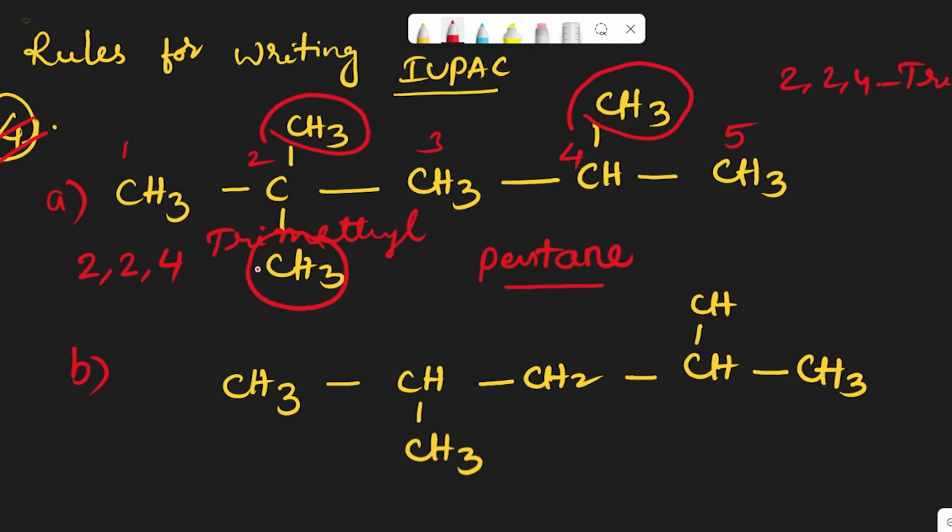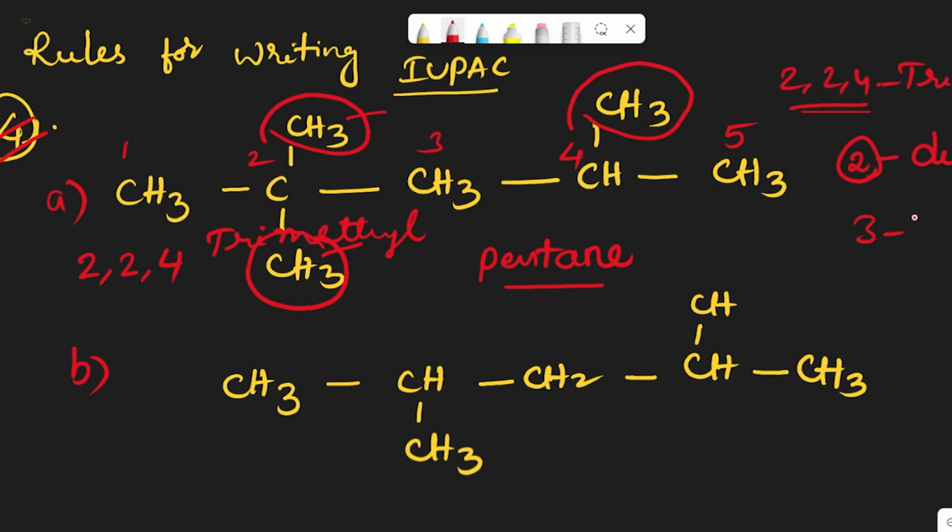Why am I writing like this? Because if 2 or more identical substituent groups are present, then the numbers are separated by commas like this. And the identical substituents are not repeated by name; instead a prefix is used. If 2 substituents are there, we name it di.